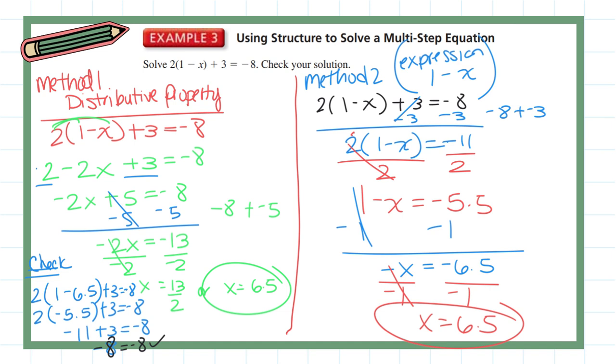And we already had checked this, so we know that our answer is correct, which is the same solution obtained in method 1. Always remember we cannot have a negative x. So the best thing to do is either divide by negative 1 or do the opposite, which we know is that the opposite of negative x will be positive, and the opposite of negative 6.5 will be positive 6.5.